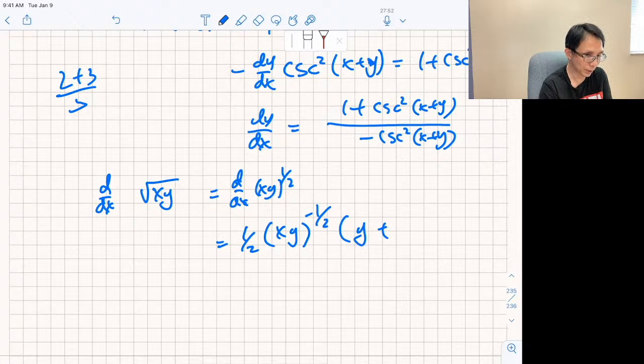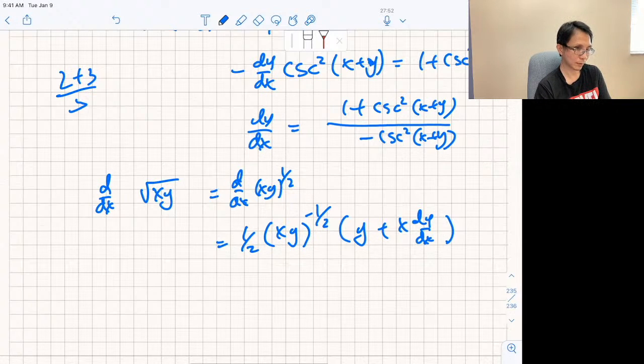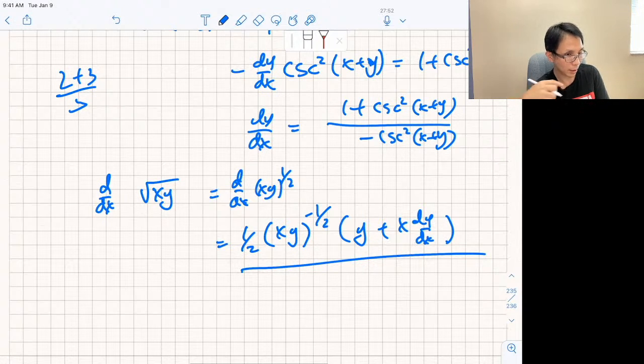So it'd be y plus x dy/dx. This is a result. If you just take that, 1/2 xy to the negative 1/2 times y plus x dy/dx, and that's it.